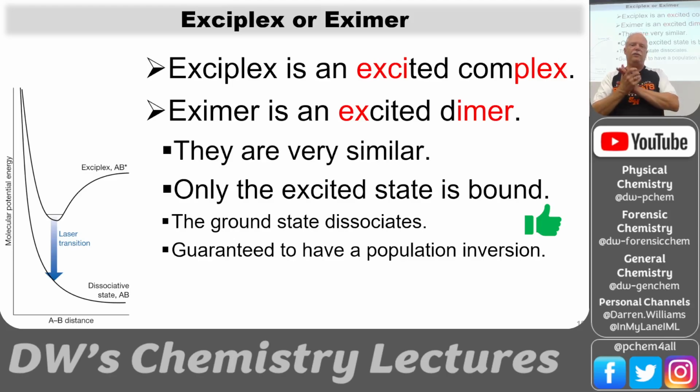We'll end up with these really strange systems called excimer lasers. When we talked about potential energy surfaces, some of those energy levels were dissociative, right? So this right here, notice this one has a dip in it.